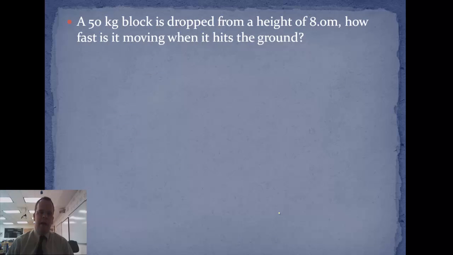A 50-kilogram block is dropped from a height of 8 meters. How fast is it going when it hits the ground? So we have 1/2 m v initial squared plus mgh initial equals 1/2 m v final squared plus mgh final.